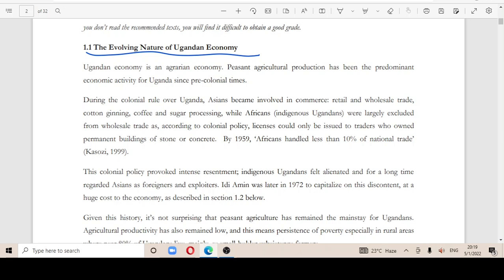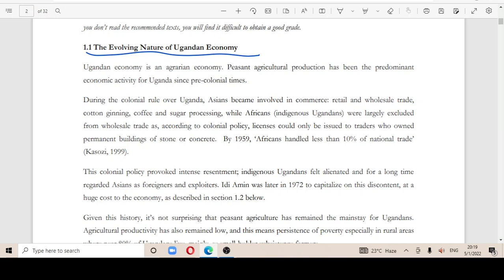Taking on the Asians, during the colonial rule, the Asians were involved in commerce, while the Africans, the indigenous Ugandans, were largely excluded from this trade.